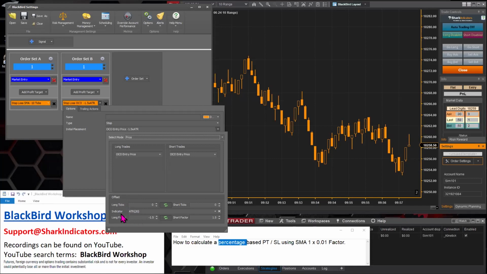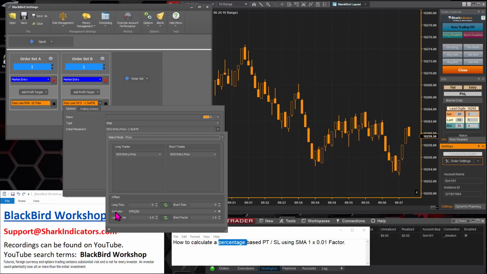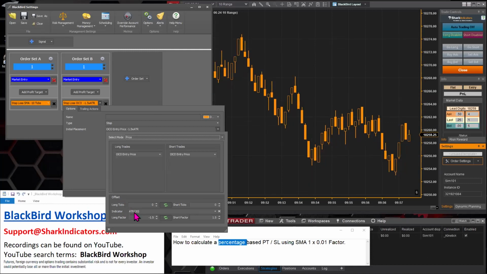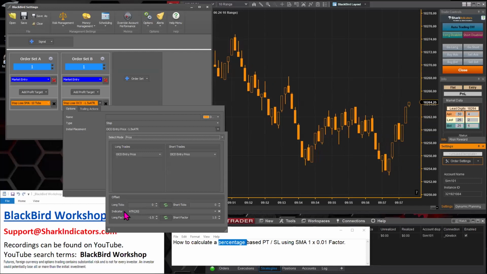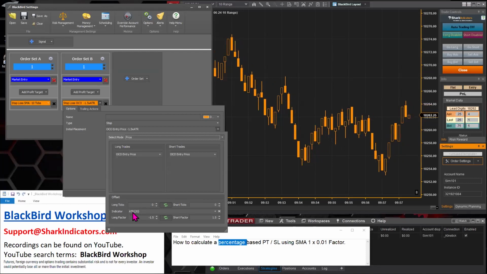Just to go a little beyond this topic, this indicator in the offset section is only for indicators that have an output value in points. If you forget that, just ask yourself, what measurement unit does the ATR output?